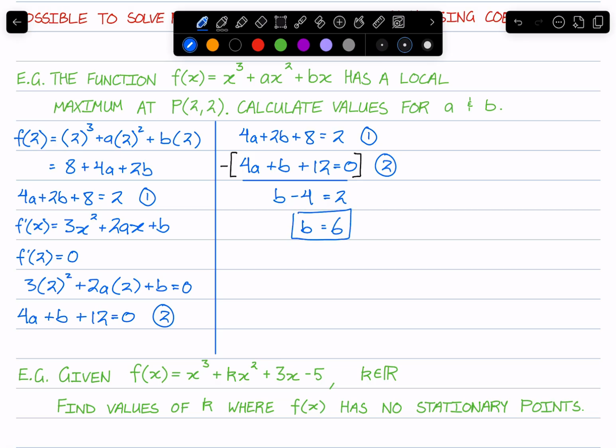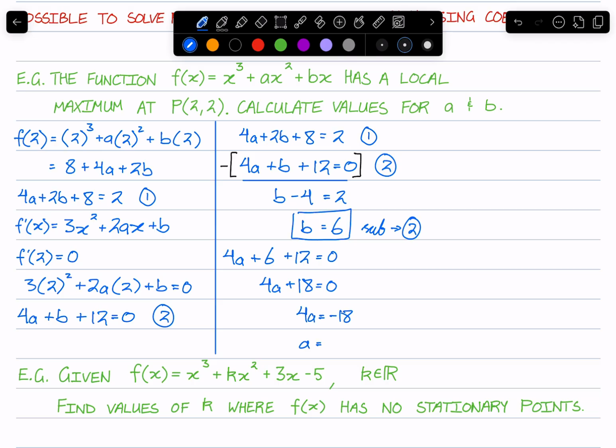And then from here, we just simply substitute this back into any of the equations. I'm going to choose to substitute it into equation 2. So we get 4a plus 6 plus 12 equals 0. 4a plus 18 equals 0. 4a equals negative 18.